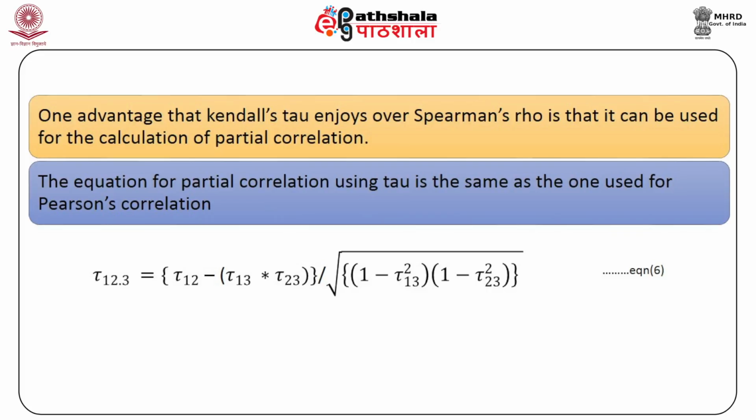The equation is tau 12.3, that is the value of tau when we are studying the partial correlation between 1 and 2, partialing out the third variable, is tau 1,2 minus tau 1,3 into tau 2,3, whole divided by square root of 1 minus tau 1,3 square into 1 minus tau 2,3 square.